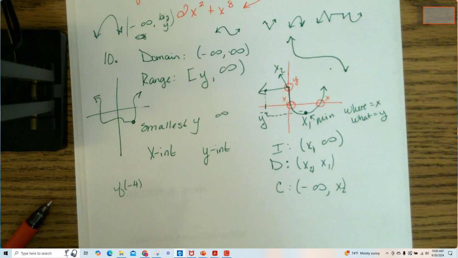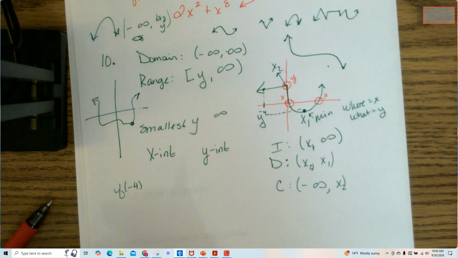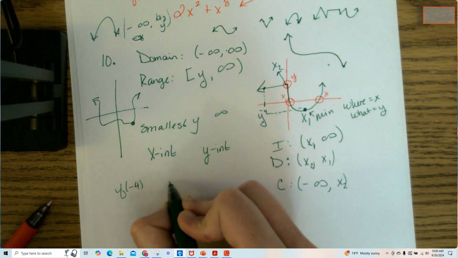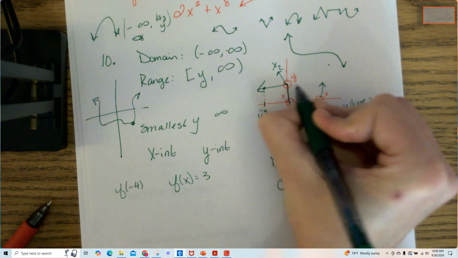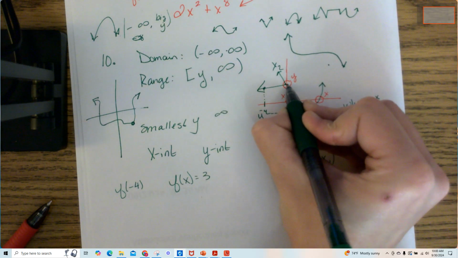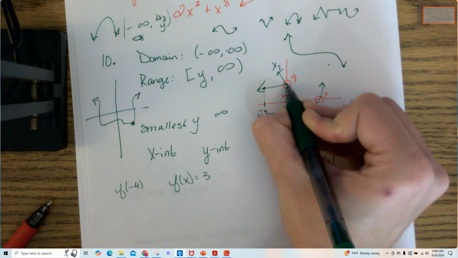Then question 11 has 10 parts. Is that all for this one? No. What is the rightmost x value where f of x equals 3?